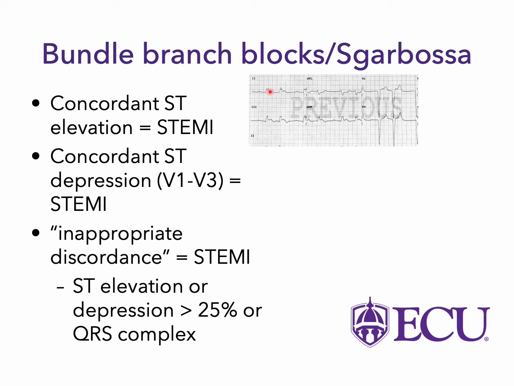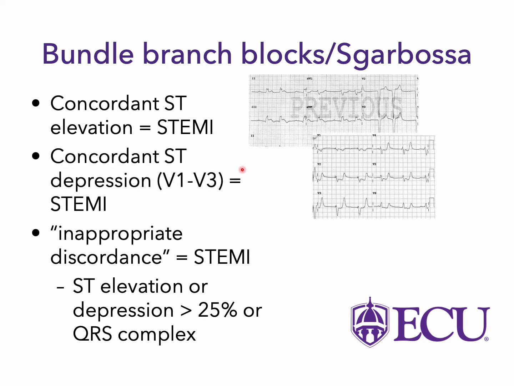There is concordant elevation. This looks like our normal STEMIs. We can see that here in lead 2, in lead 3, and in AVF. You have a positive QRS complex, and that ST segment is elevated. That is concordant ST elevation. If this patient is having chest pain, your context is right, that's a STEMI.